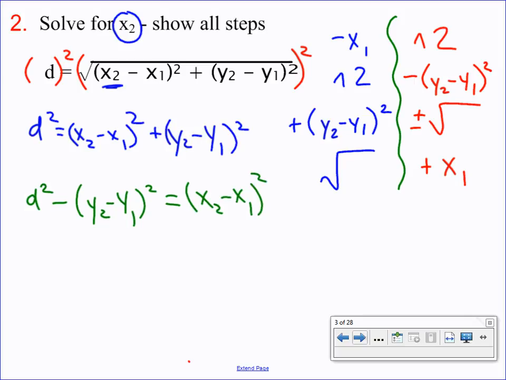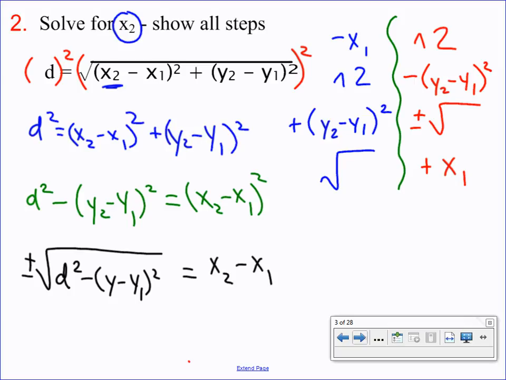Next is my third solving step. Do the positive and negative square root. So that undoes the squaring. So I know that the positive and negative square root of d squared minus y sub 2 minus y sub 1 quantity squared equals x sub 2 minus x sub 1. Which means that we're simply one step to go. Yes, that's right.